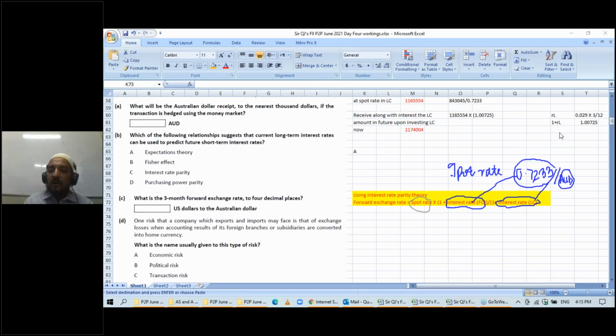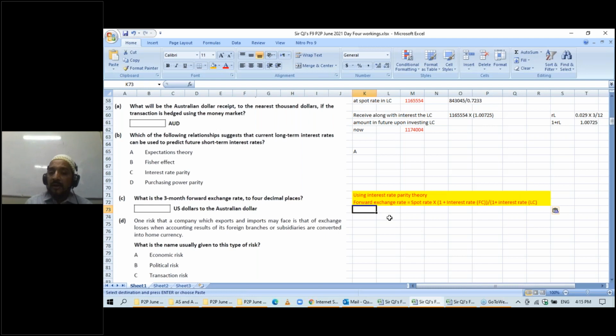Now we'll put in the figures to arrive at the forward rate using the interest rate parity theorem. Remember, we can estimate a forward rate using the interest rate parity theorem. So in a question to hedge by a forward contract, if a forward contract rate is absent, the question will give you the interest rates of the foreign currency and the local currency.